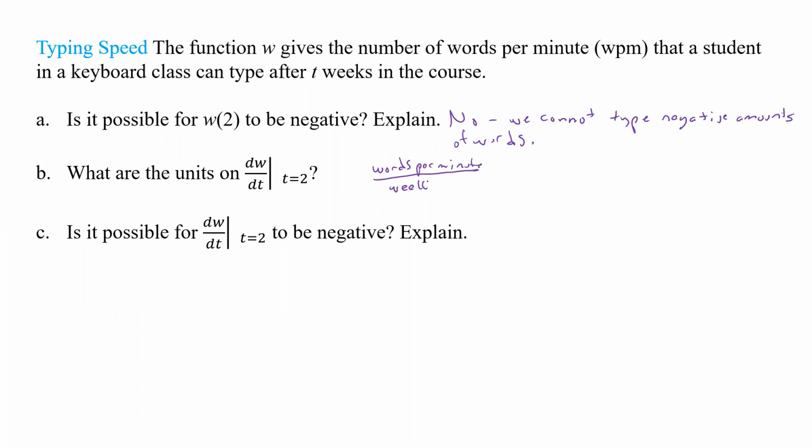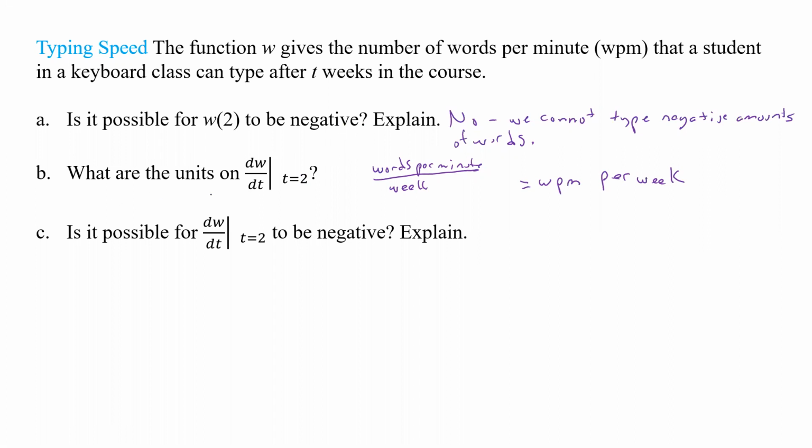And when you divide it out, it's just going to end up being the 1 week. So it's going to be words per minute per week. And so, if we wanted to write it as a whole line and we use that WPM, that's WPM and then per week. So that would be our units. And this is basically at week 2, okay?